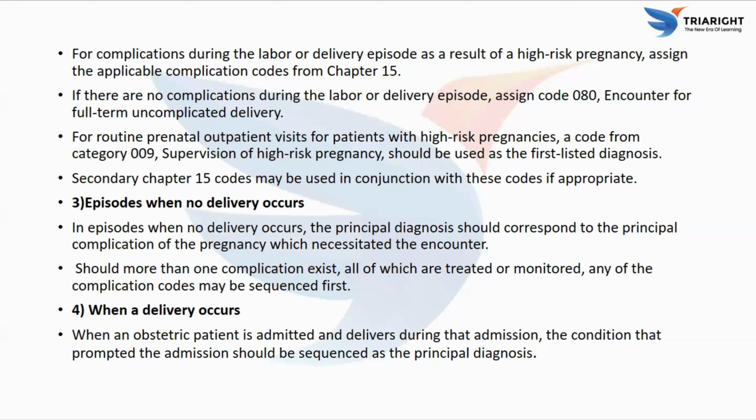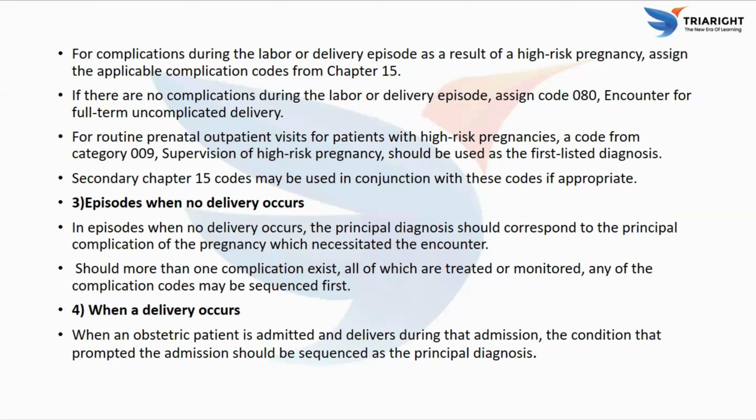So what are the examples of high-risk supervision? History of miscarriage, multiple pregnancy supervision, elderly primigravida, previous C-section pregnancy, hypertension or diabetes needing supervision. So what is the rule? You have to use O09 codes first. Then you have to add additional chapter 15 codes if needed. Okay.